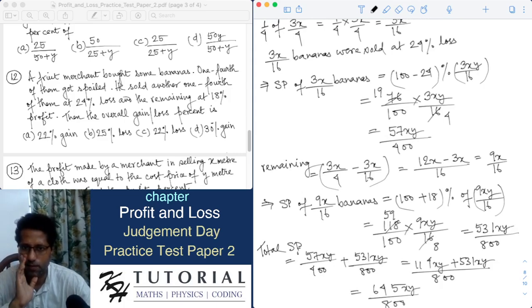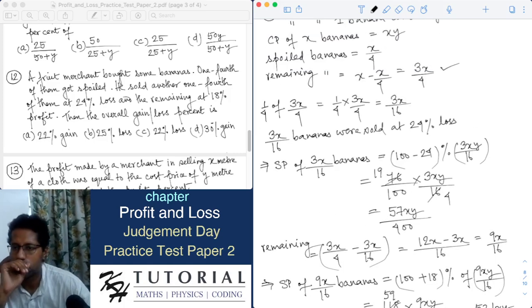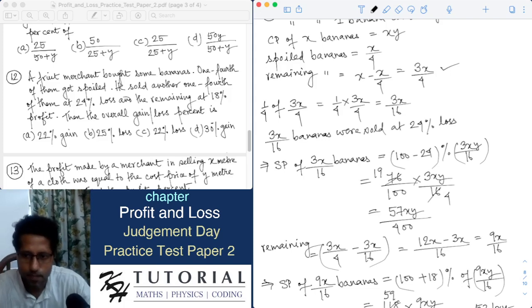And the remaining at 18% profit. Now what is remaining? Remaining is 3x by 4 minus 3x by 16, which is 12x minus 3x by 16, which is 9x by 16.